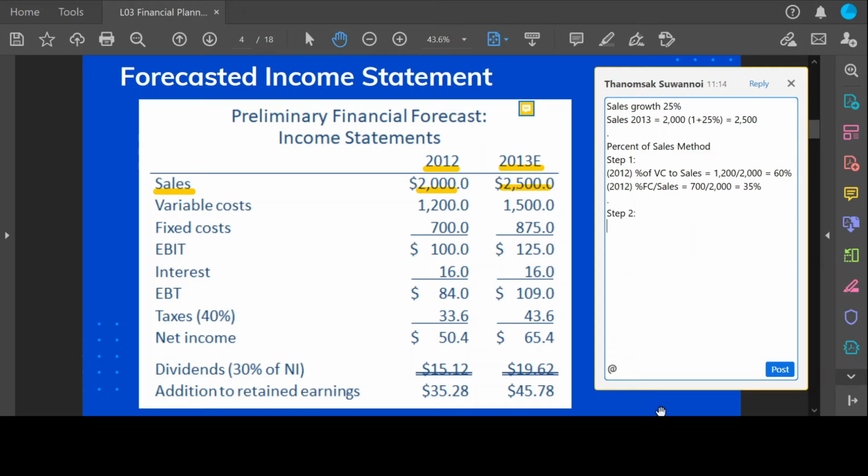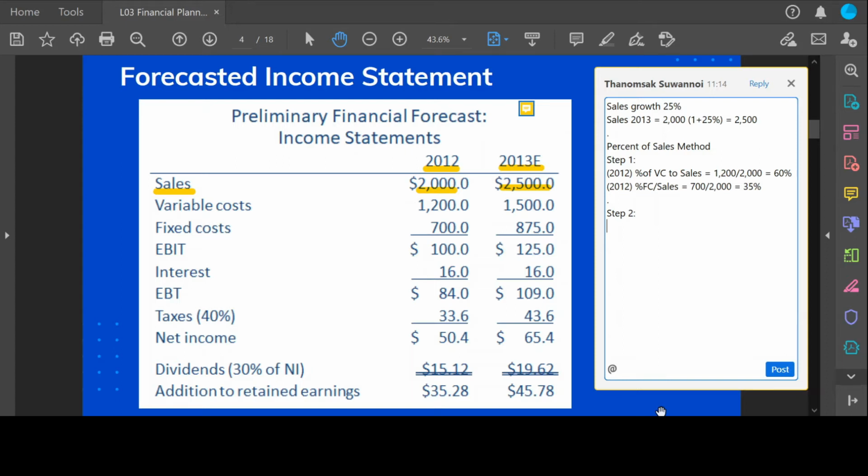In step number 2, we're going to forecast variable costs and fixed costs in year 2013. We're going to use a percent of sale approach. We know that variable cost is 60% of sales and fixed cost is 35% of sales.